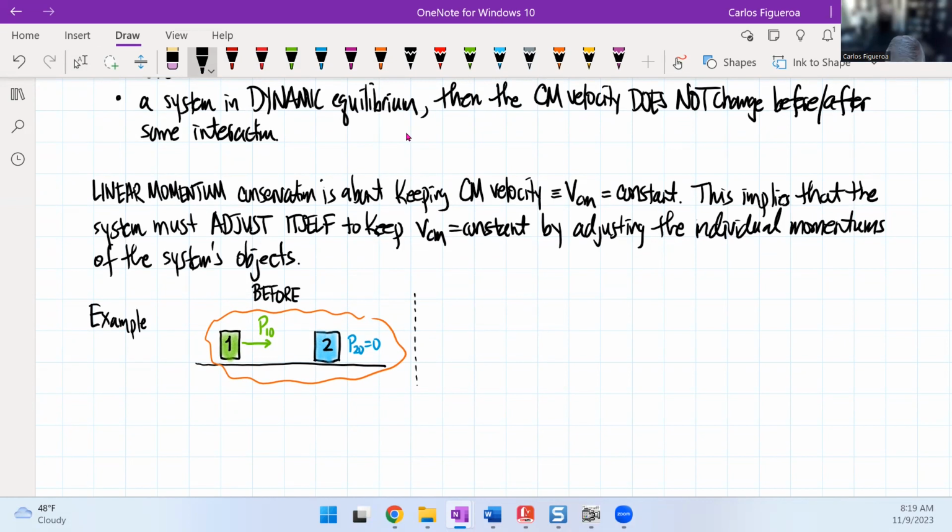When these guys collide, I'm going to have the force of 1 acting on 2, but then I'm going to have an equal and opposite force of 2 acting on 1, so that the net external force is going to be 0. All of those forces are going to cancel within the system. As a consequence, that tells me here is that momentum of the system does not change.